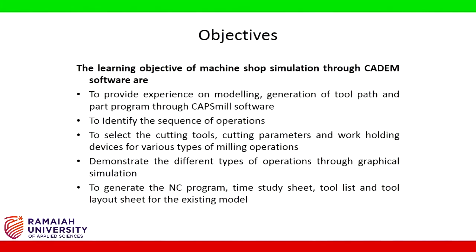The learning objectives of the machine shop simulation lab through CAPSmill software are to provide experience on modeling, generation of tool path and part program, to identify the sequence of operations, to select the cutting tools, cutting parameters and work holding devices for various types of milling operations, to demonstrate the different types of operations through graphical simulation, and to generate the G-codes, time study sheet, tool list and tool layout sheet for the existing model.